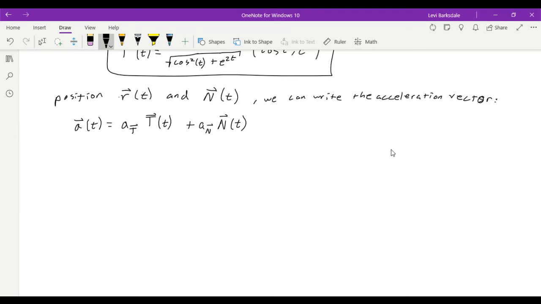But in order to find these a sub t and a sub n, the tangential acceleration and the normal acceleration, those take a couple of formulas. And one thing to note, a sub t and a sub n, your tangential acceleration and normal acceleration, these are scalars, not vectors. So these are just basically numbers rather than vectors.